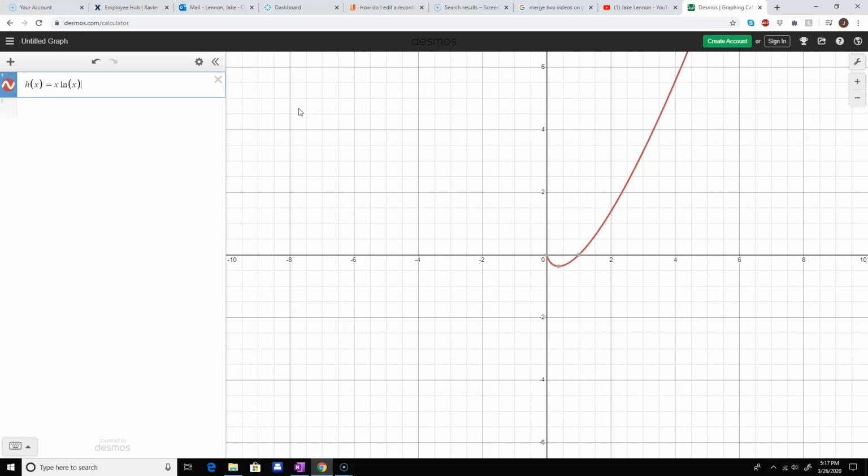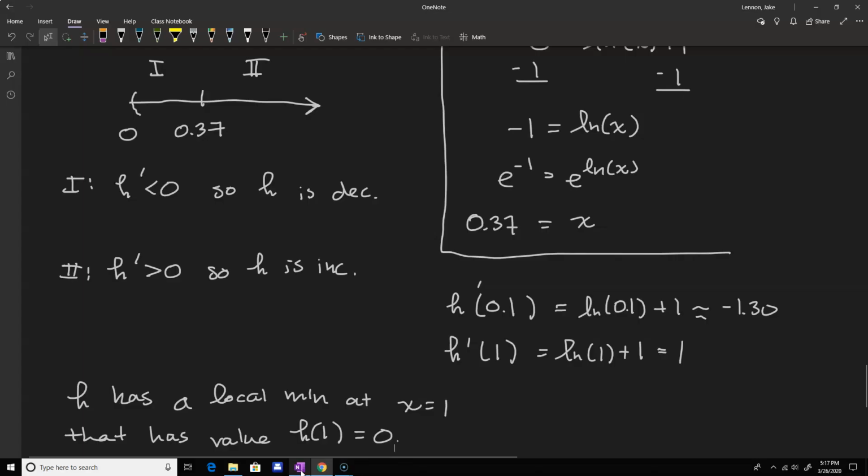So if we graph that, we see we get this value here, and we said our local min was at 1, 0. But we're getting 0.368, negative 0.368. So something seemed to go wrong. What happened here?